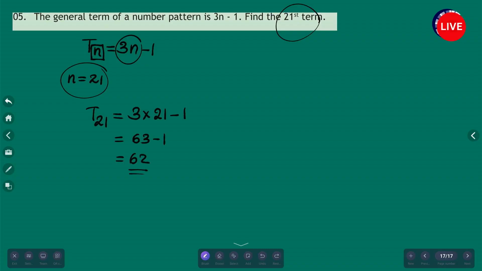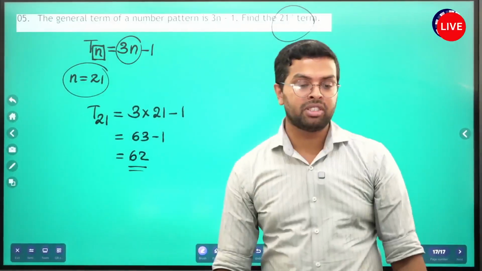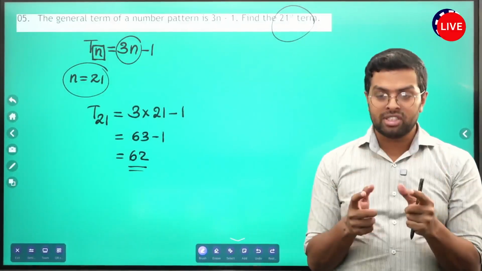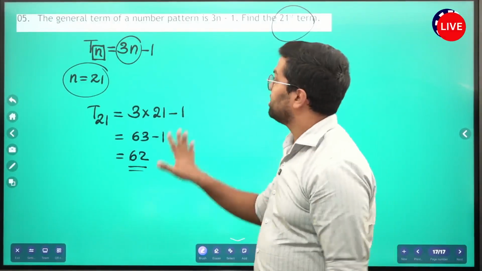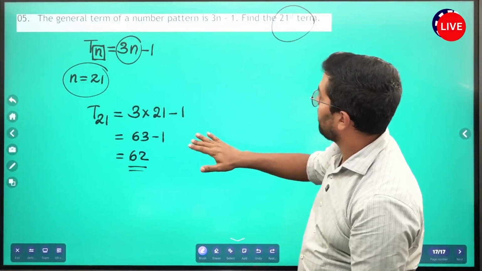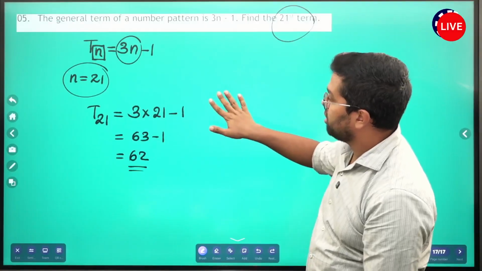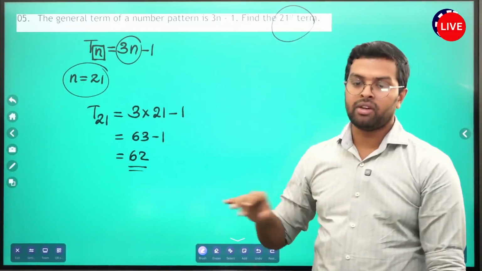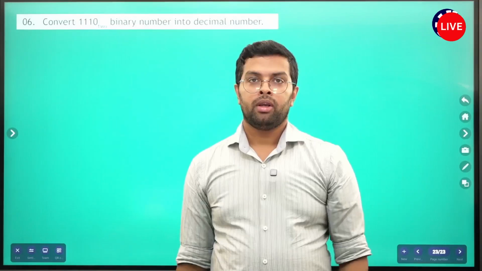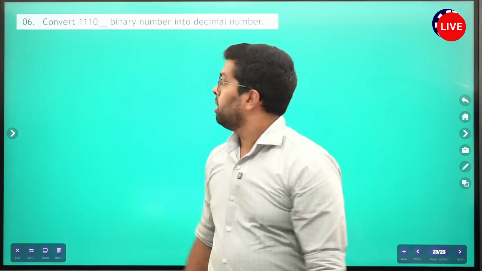So the 21st term of this number pattern equals 62. Am I correct? Correct, right? Question number 6.